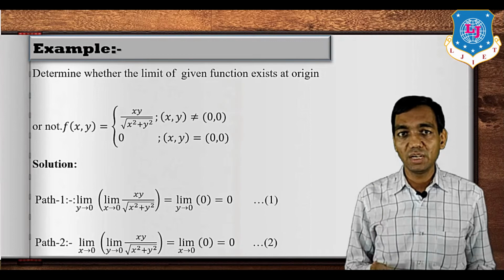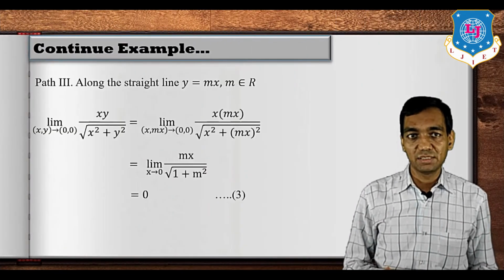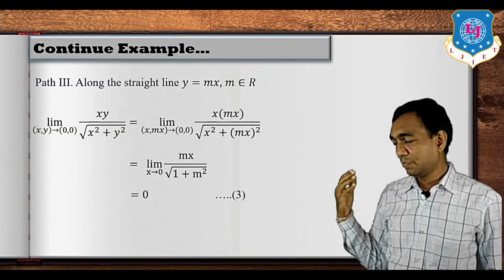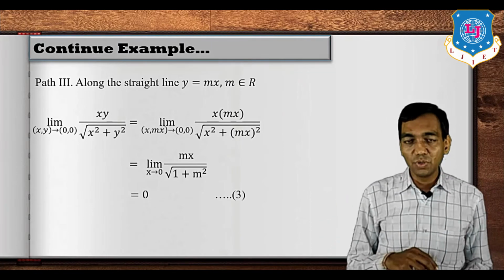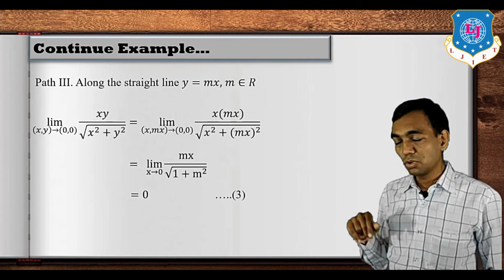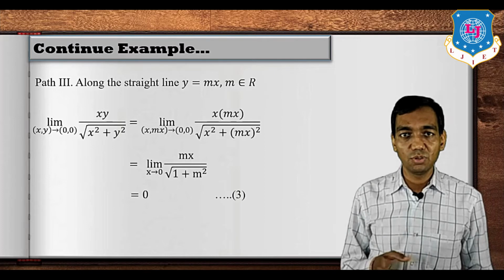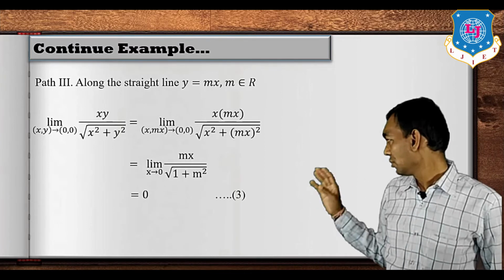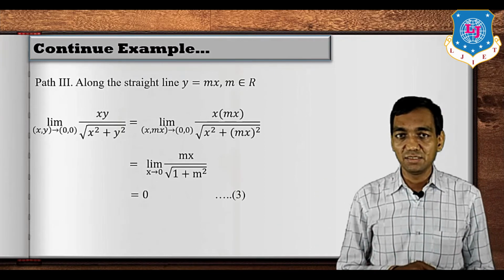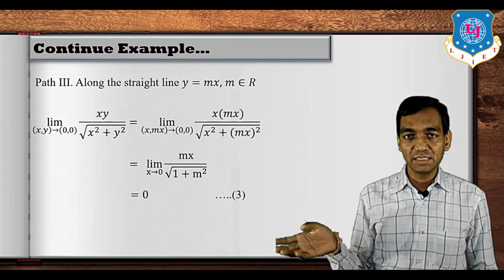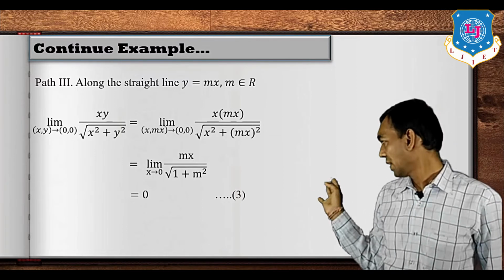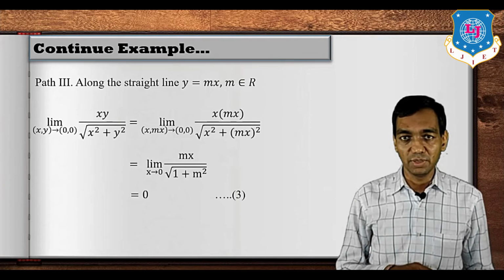So we are going to put now y is equal to mx. Now for path y is equal to mx, you will have limit (x, y) tends to (0, 0) of xy divided by under root of x square plus y square, which is equal to limit (x, mx) tends to (0, 0) of x into mx divided by under root of x square plus mx whole square.